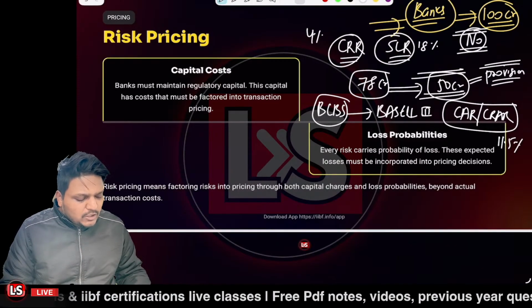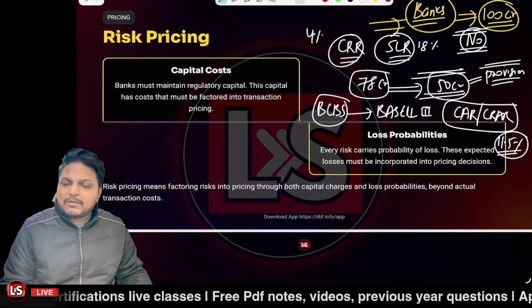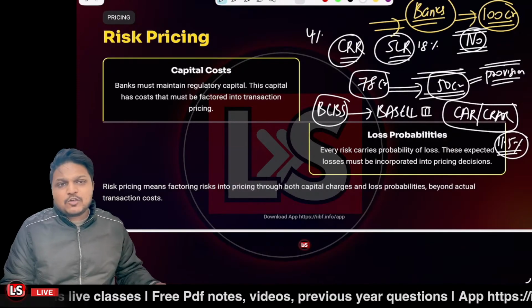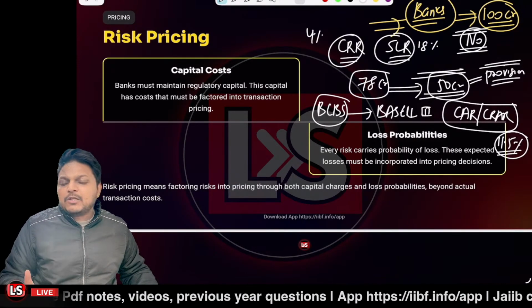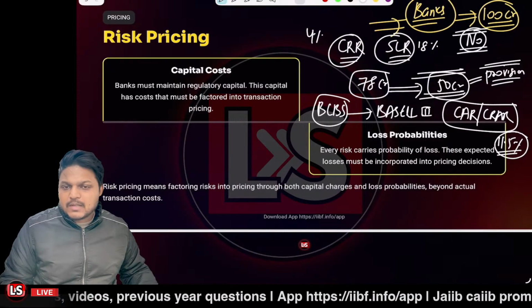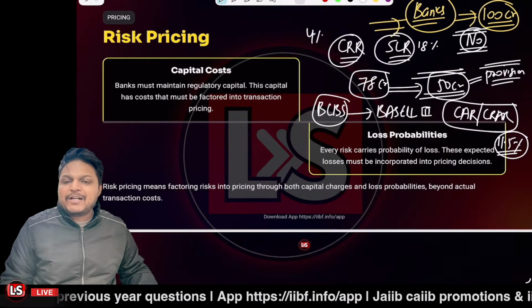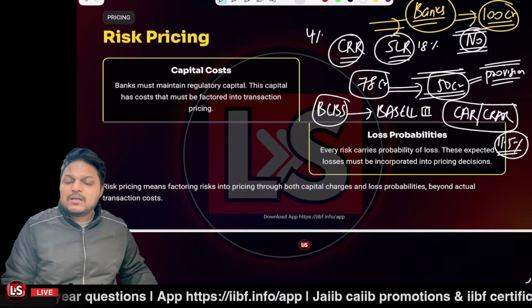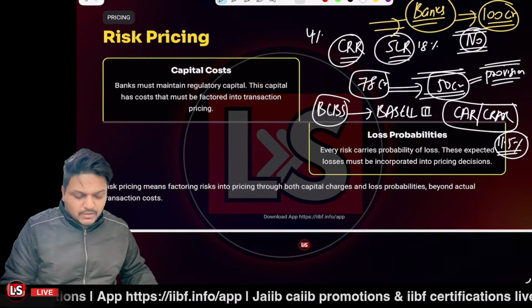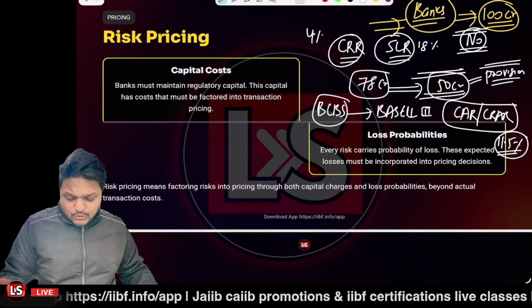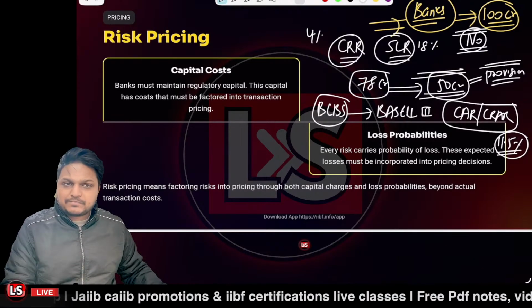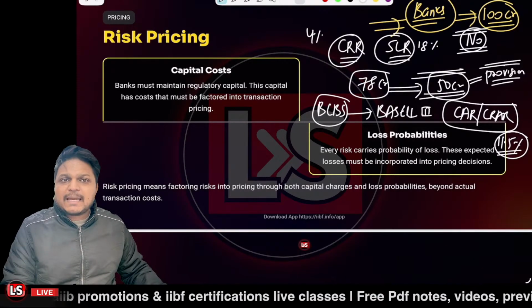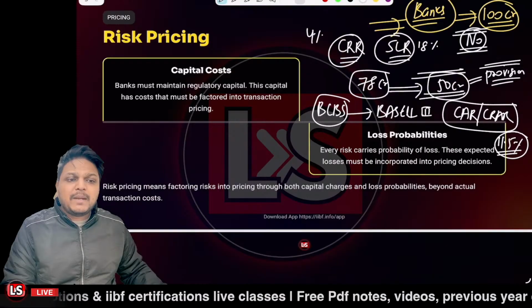I'll be giving you the bifurcation for the same in the next chapter. And if any debt is recognized as a bad loan, the banks are to maintain a higher provision also. So the bank cannot be lending the equal amount. Definitely there is a capital cost for the bank which is to be maintained.